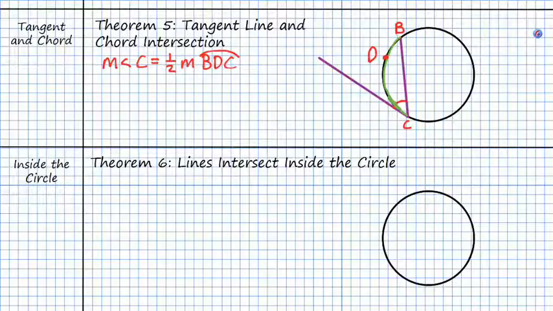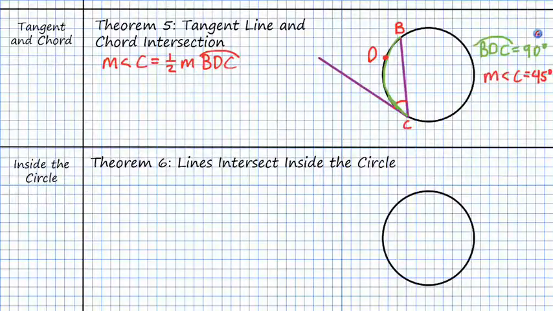If in green here BDC is 90 degrees, then the measure of angle C is going to be 45 degrees. That's the relationship we see from Theorem 5.